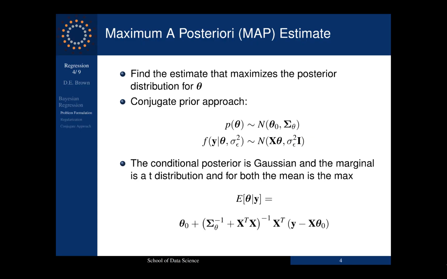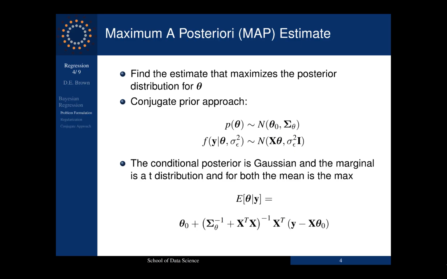The conditional posterior then, given what we know about conjugates, since the prior is conjugate, the conditional posterior is conjugate. Of course, we know the marginal is a t-distribution. It doesn't matter because for both of them, the mean is in fact, as we said, the maximum of the posterior distribution.